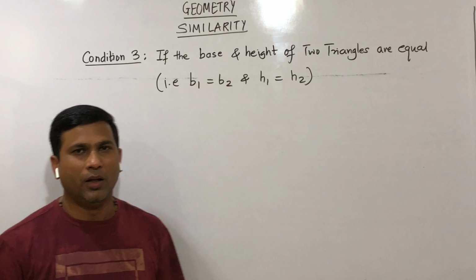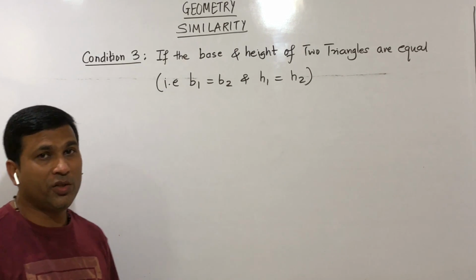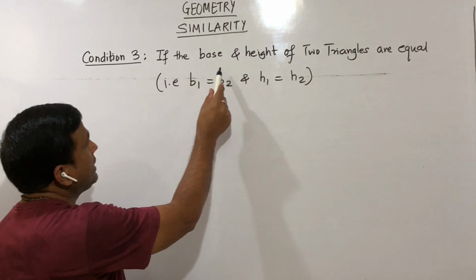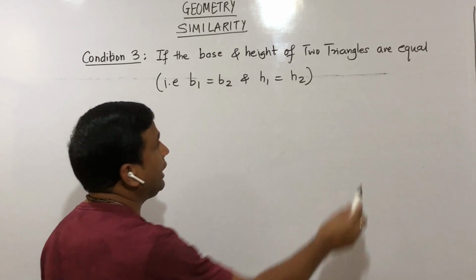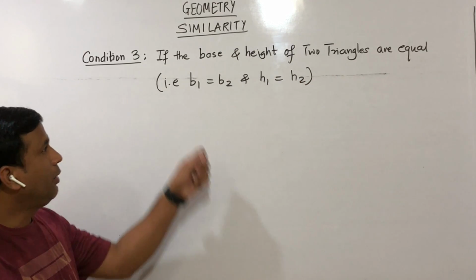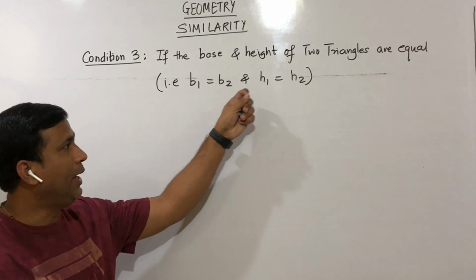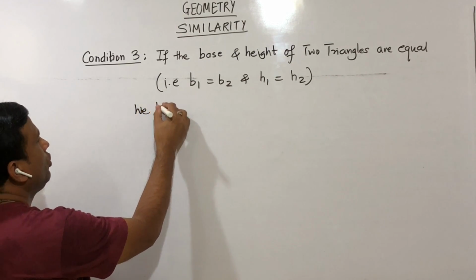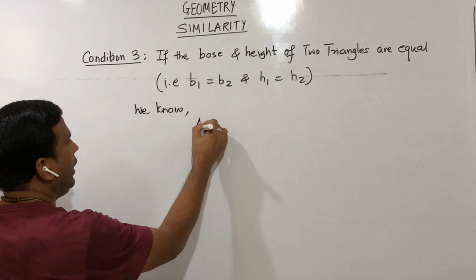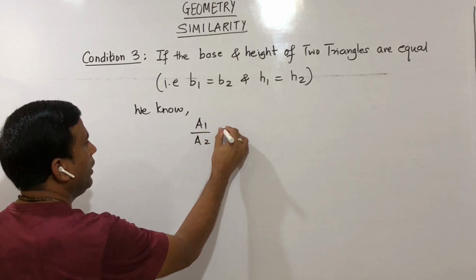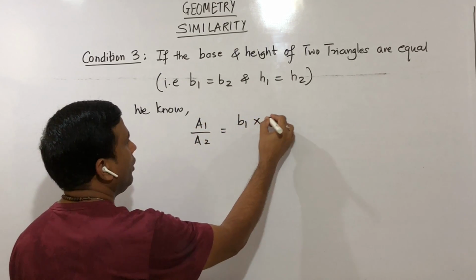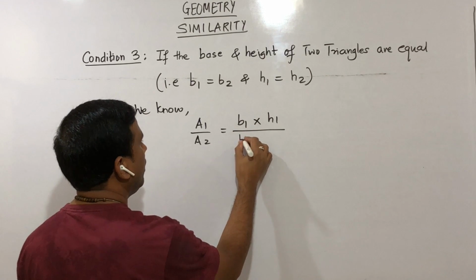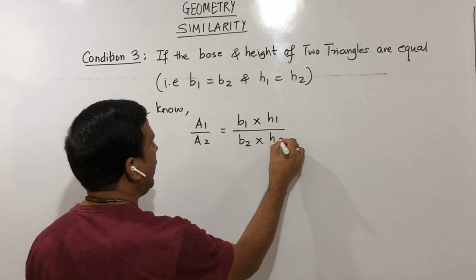Let us see condition 3. Condition 3 states that if the base and height of two triangles are equal, that is B1 is equal to B2 and H1 is equal to H2, then we know the ratio of the areas of two triangles is B1 into H1 upon B2 into H2.